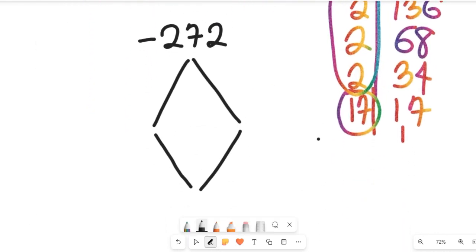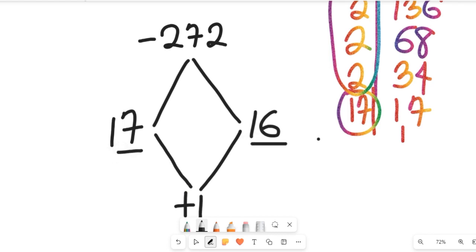So let's look at those two values. We've already gotten them, and they are 17 and 16. Now ask yourself, what sign are you going to put in between 17 and 16 in order to get negative 272 when multiplied and positive 1 when added?